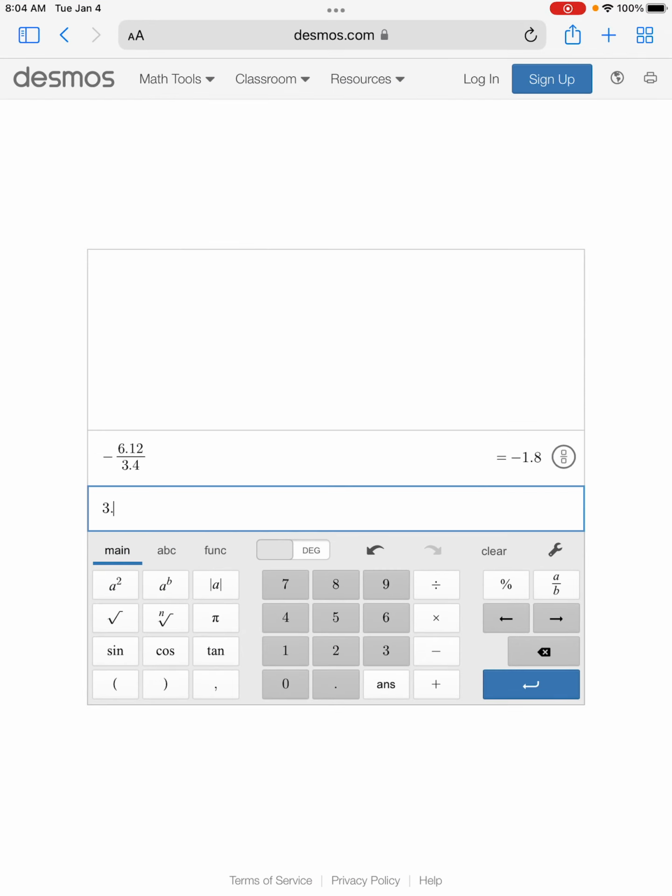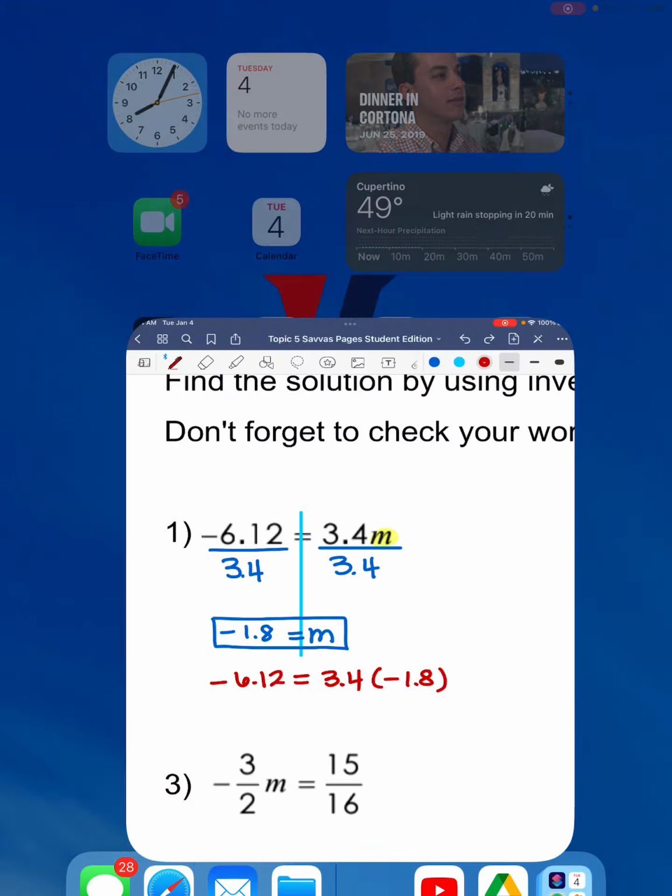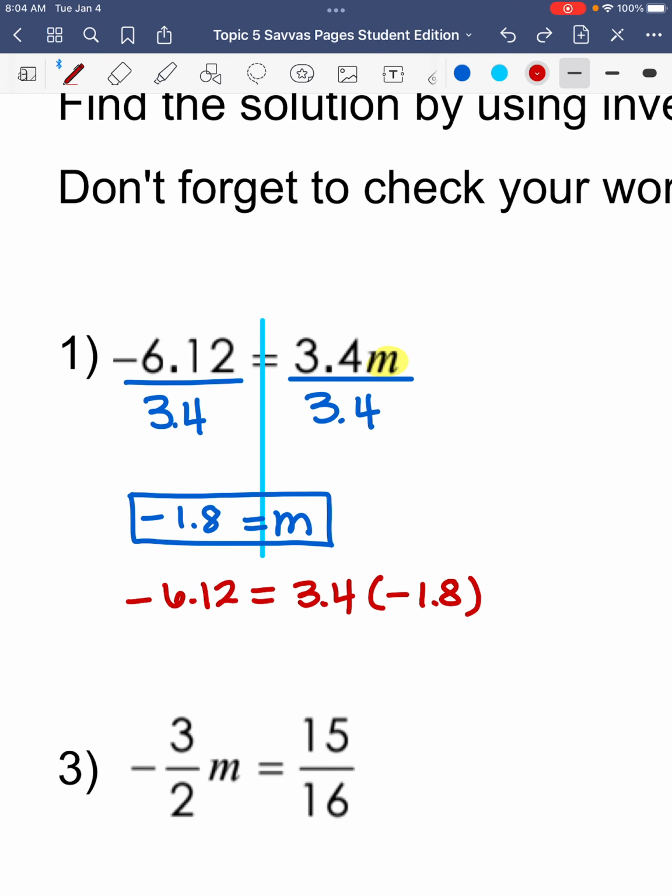So we have 3.4 times negative 1.8, and I get negative 6.12. So back to our notes. We know then that negative 6.12 equals negative 6.12. I have the same thing on both sides, so I know that my answer is correct.